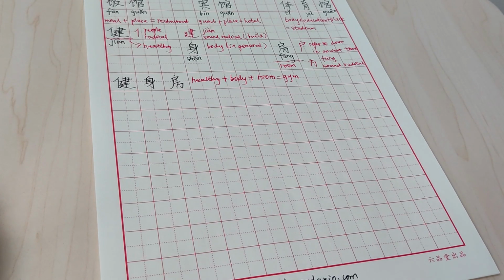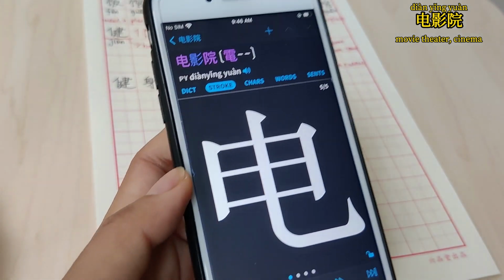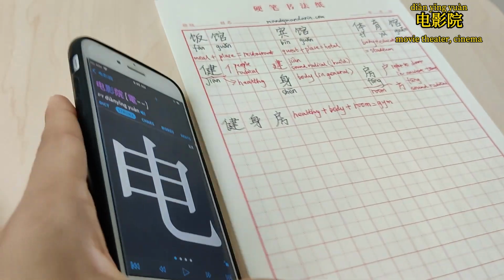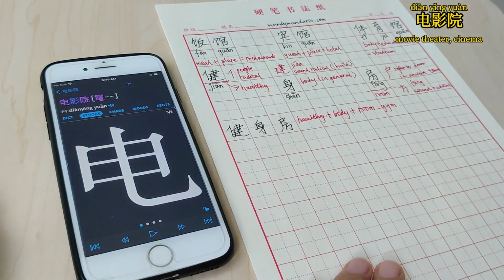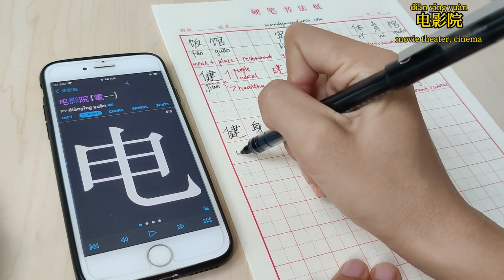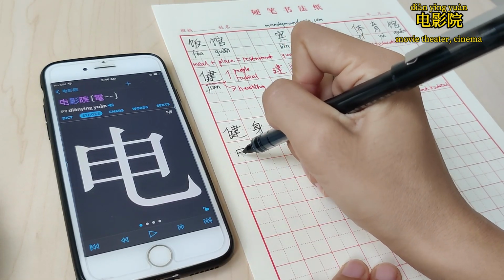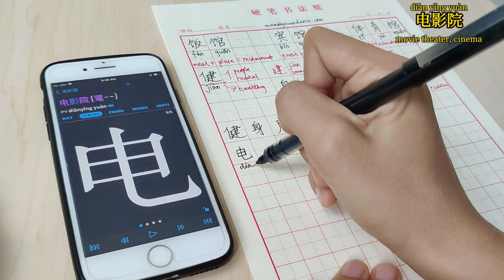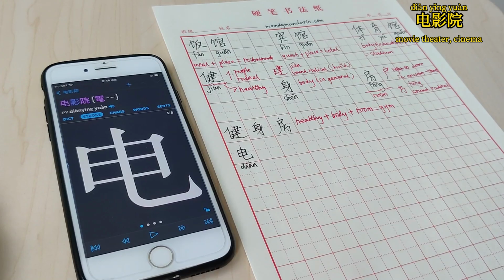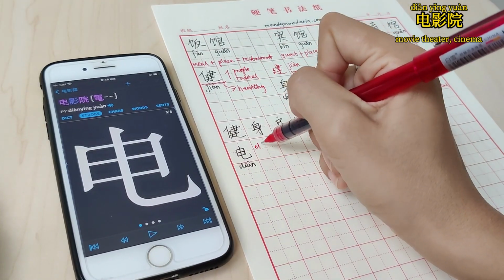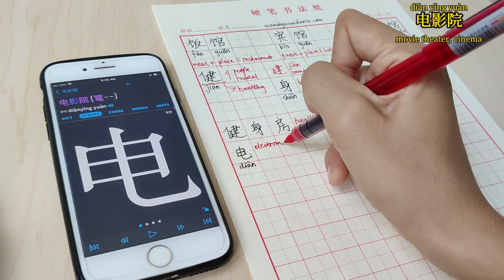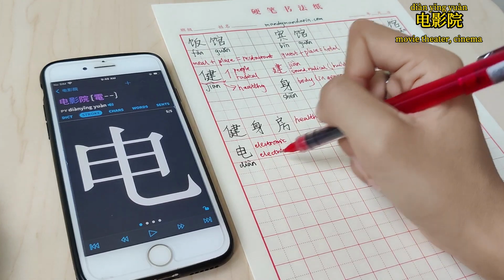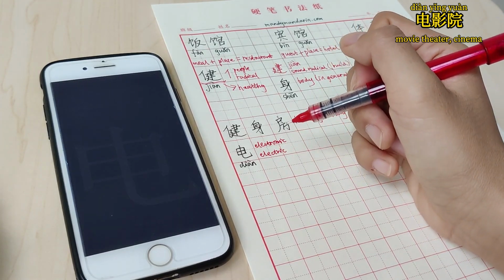电影院, movie theater. And first of all, this is how we write the 电. We go 1, 2, 3, 4, 5. This is 电, and it means electronics, or electric, or just any electricity related.